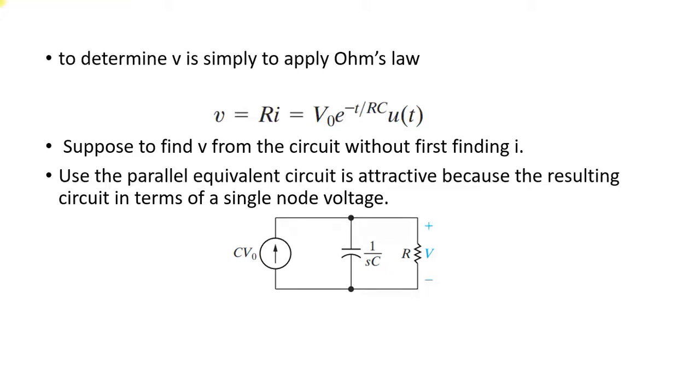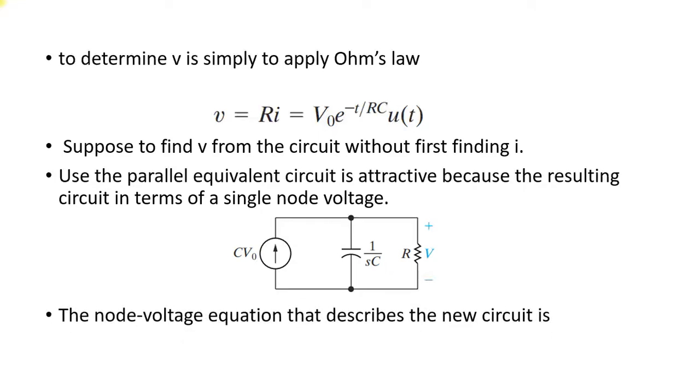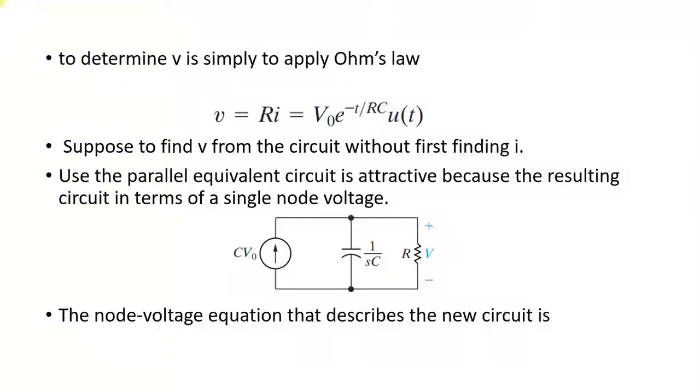If it is a parallel circuit, you apply the nodal equations. That is the concept. Now apply the nodal equation for this diagram. It looks like this: V divided by R plus SC into V equals C into V naught. From the previous diagram, I simply write the nodal equation.